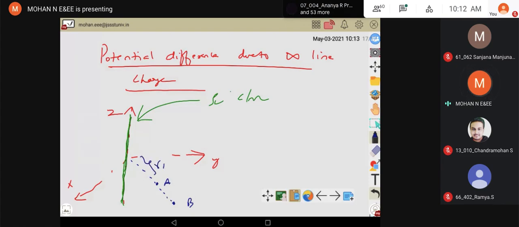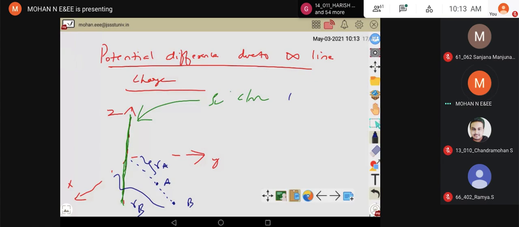And this is RA, the radial distance from the infinite line charge, and this is RB, the radial distance from the infinite line charge. So it is radially located points A as well as B.